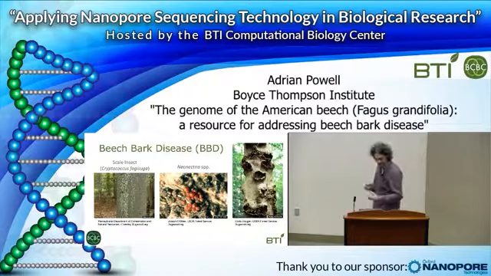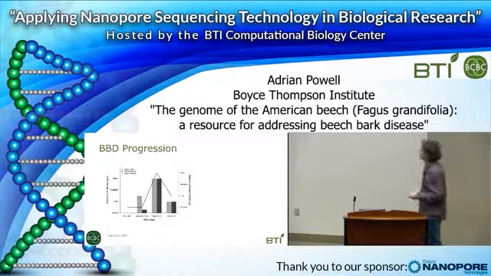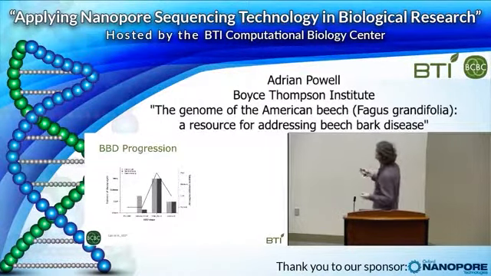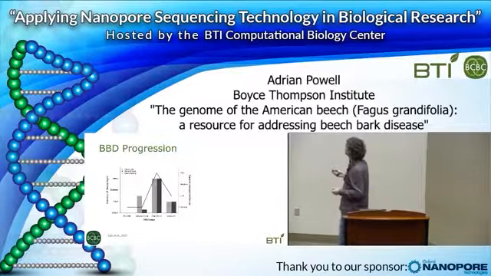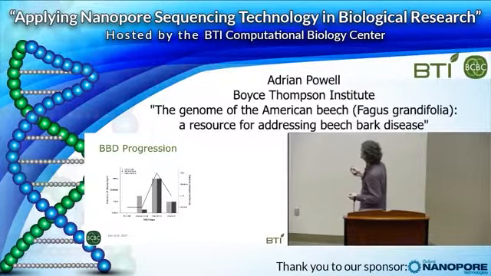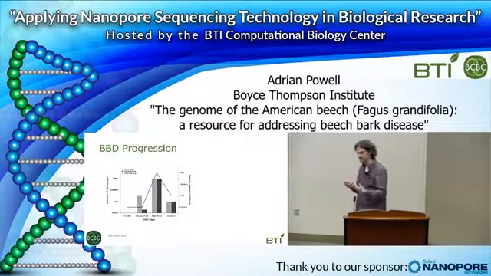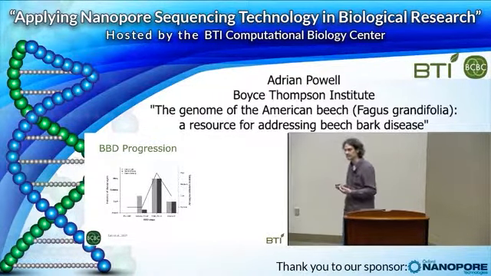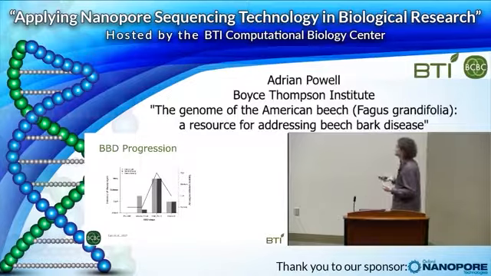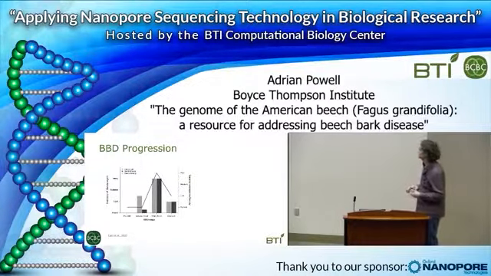And to give you a sense of the progression of the disease on a stand scale, this schematic describes what's happening. So we have baseline mortality pre-beech bark disease in what's known as the advanced front. The scale insect incidence starts to increase, but the mortality is still more or less what it is at the baseline.